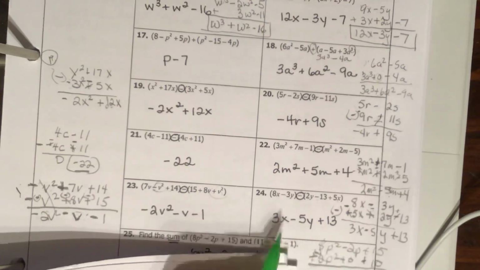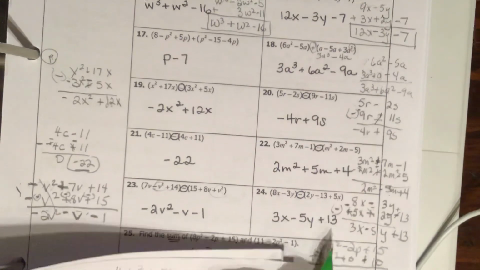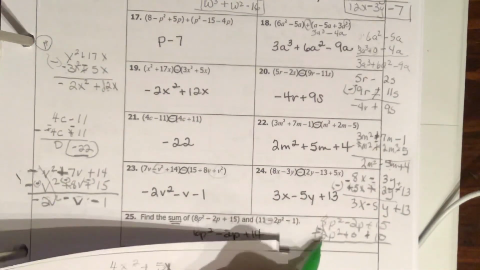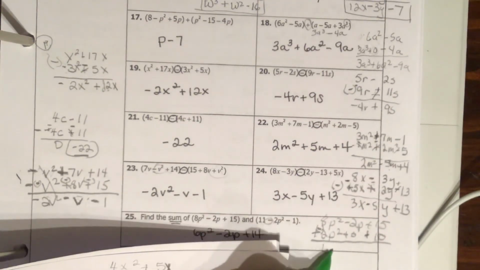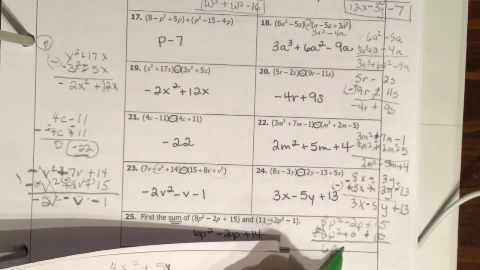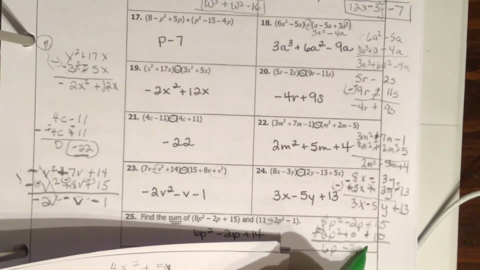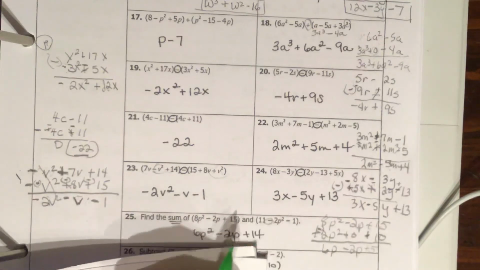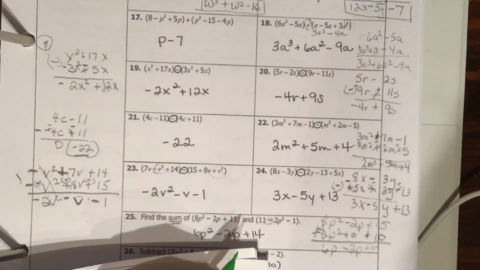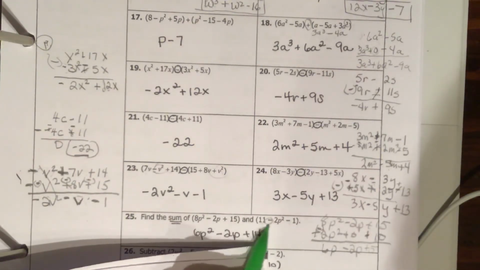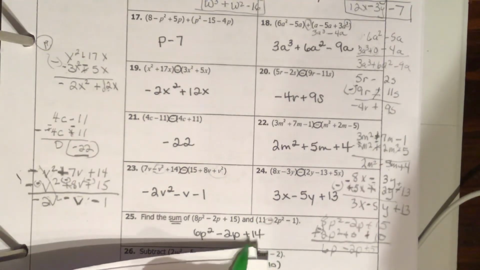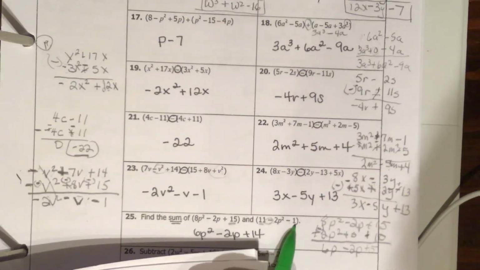Okay? So all you're going to do is combine like terms, which would be a 6p squared minus 2p plus 5. I think they thought there was a p there or something, because of 15 and that's an 11 minus 1 is 10.